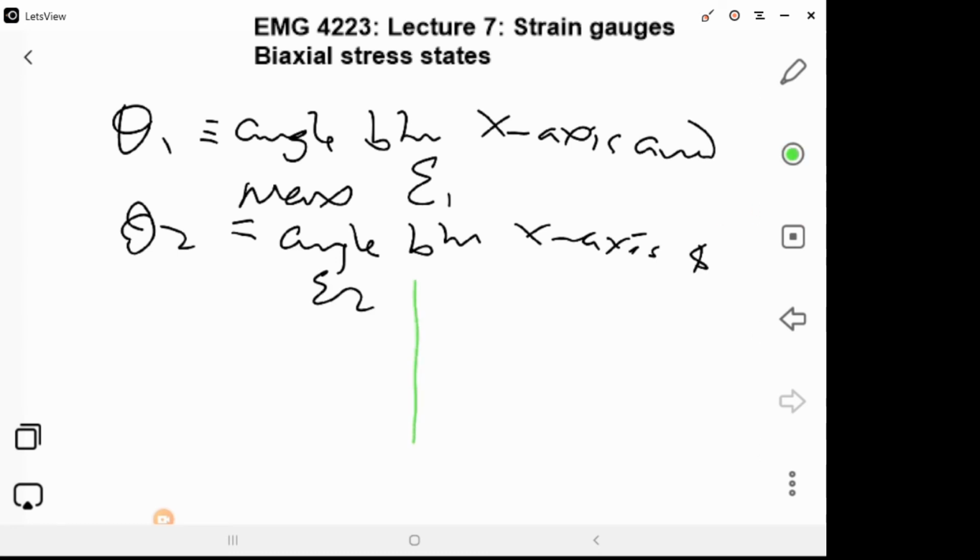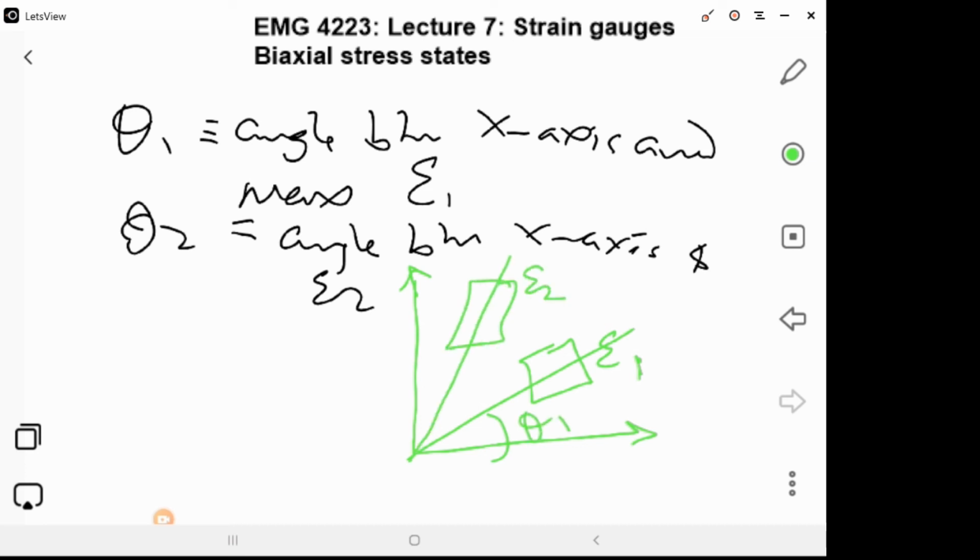That is, if you have epsilon 1 there, this is theta 1, and if you have epsilon 2 there, this is theta 2.